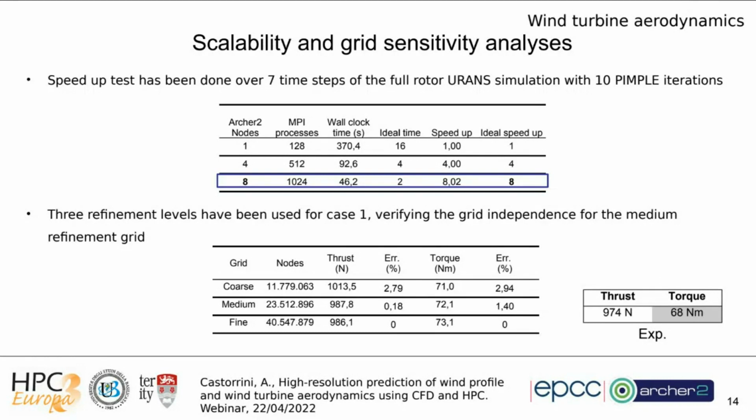We can notice that even with the coarse, we are quite close to the experimental measurements, but with the medium level, the axial force on the rotor is also getting closer. There is not so much difference in making a grid that is double the medium. So we found the medium level to be the best option for the next computations.